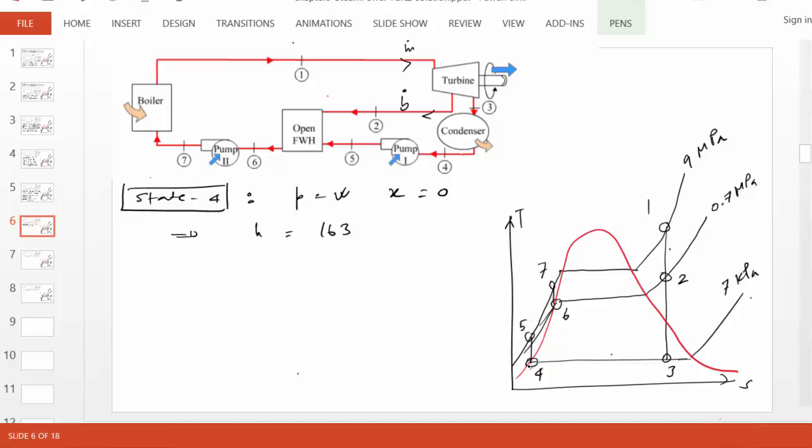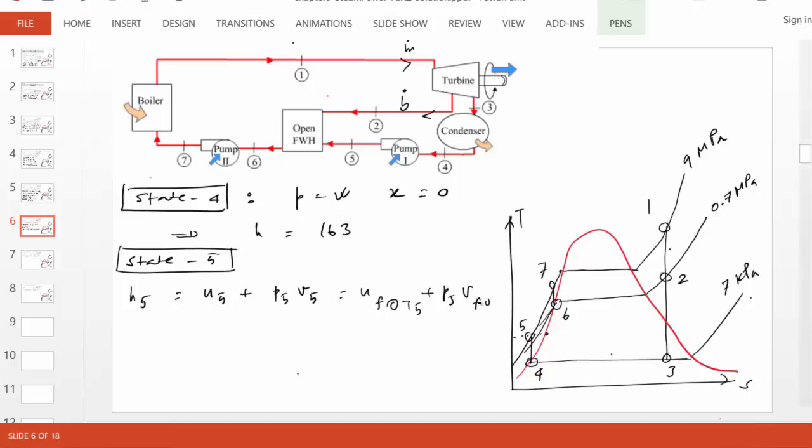Now a word about finding state 5. State 5 is subcooled liquid or compressed liquid. If you recall, enthalpy at state 5 is U plus PV at state 5, and we know the U and V don't depend on pressure, so that is the corresponding value, U_f at T5 plus P5 v_f at T5.